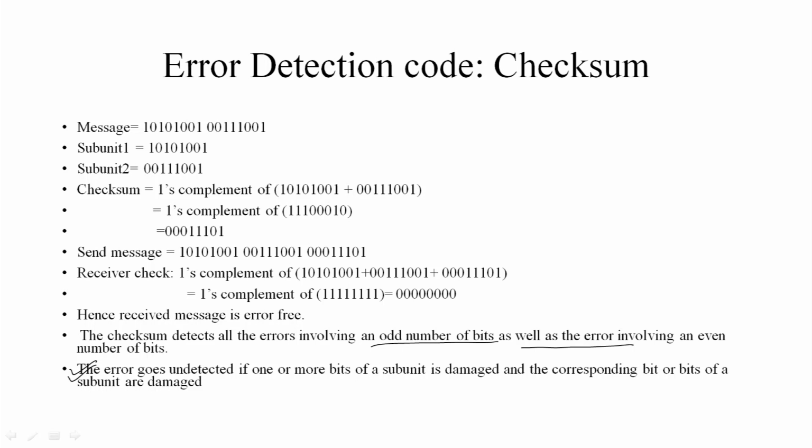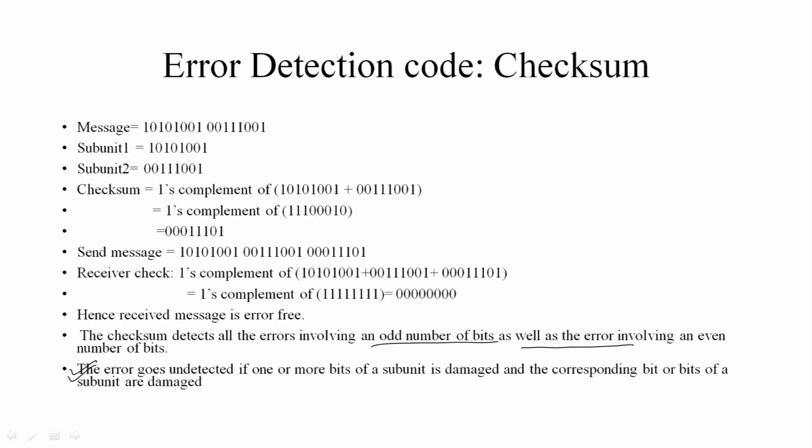So if more than one subunit is damaged, the final checksum computed at the receiver end may be 0 even though the message contains an error. If only one bit position is changed, this method correctly detects the error. But if more than one bit position is changed, it is not necessary that the error is detected. Let us take an example here.